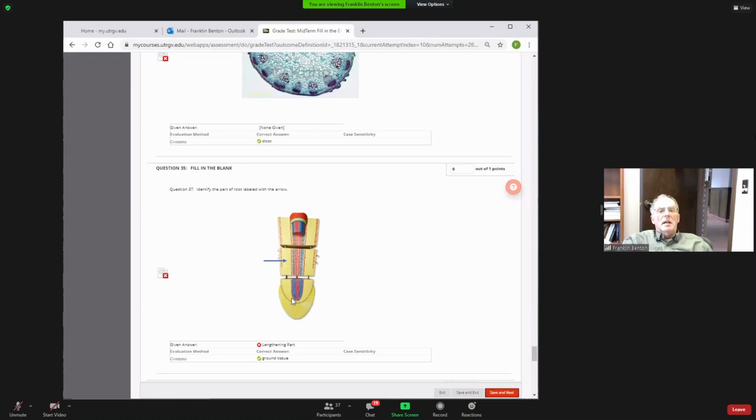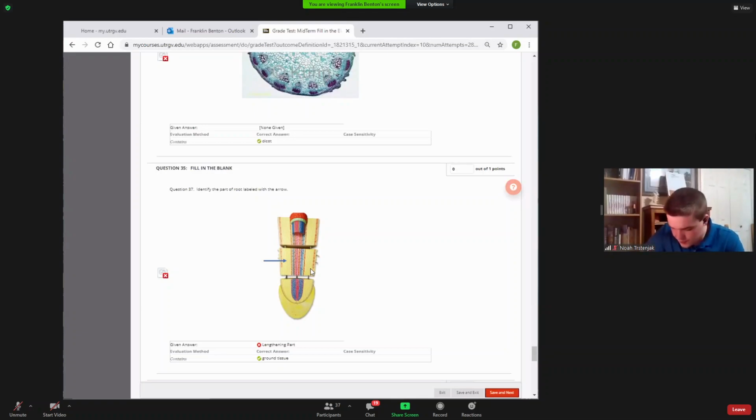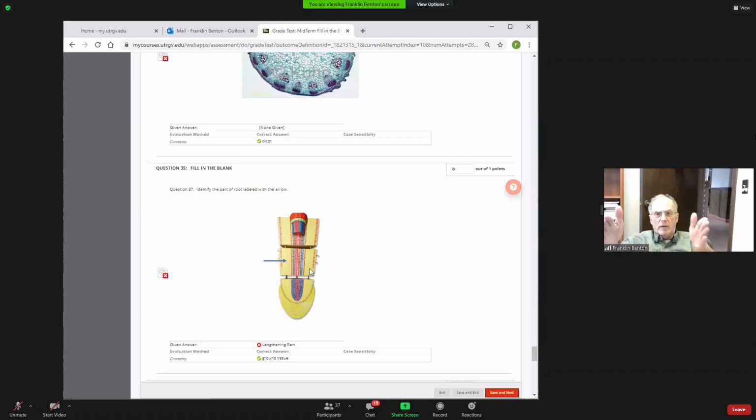Okay. This part does lengthen. Not necessarily this part up here, but this part is because, see, this part is where the meristem is, right here. And so it's making new cells. When you make new cells, are they as large as the adult cells? Nope. So this section in here is where the cells have been created, but they're small. So as they grow, would there be lengthening?